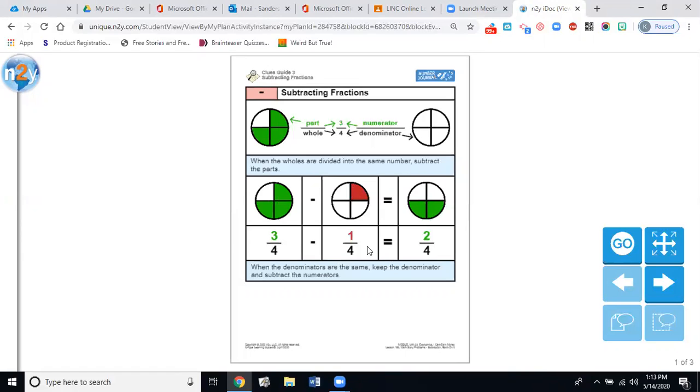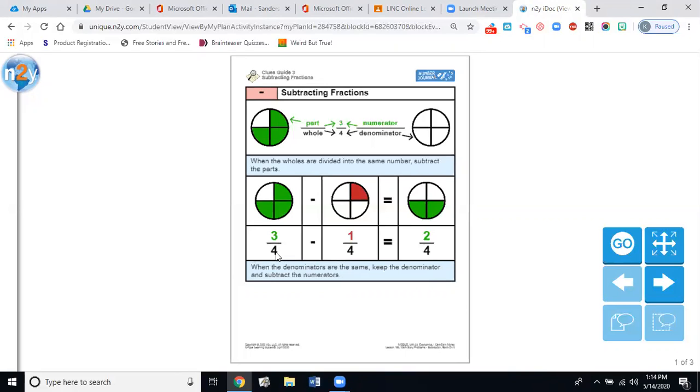Equals. So all we do here is subtract the numerators, which is 3 minus 1. See the number on the top? Just subtract those. 3 minus 1 equals 2. When the denominators, or the bottom numbers, are the same, keep the denominator and subtract the numerators.